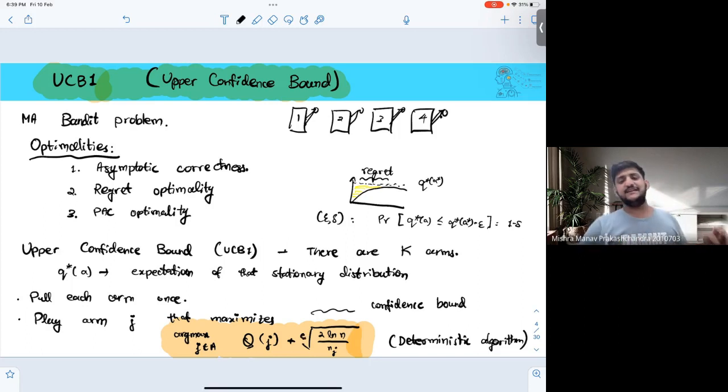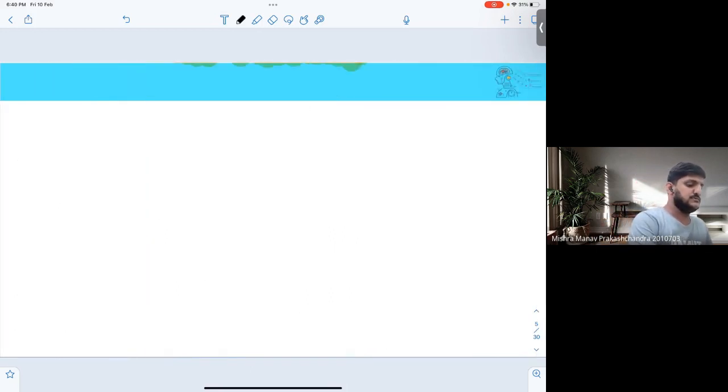This C controls the scaling of the confidence bound. C is also known as the exploration rate. So if C is very high, that means the confidence bound keeps on increasing. Based on the application that people target, you can set an appropriate confidence bound and get the problem solved.